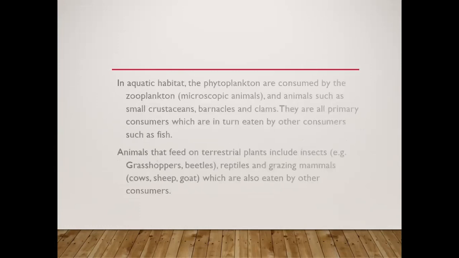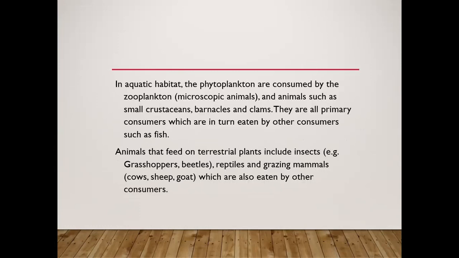Now, in aquatic habitats, the phytoplankton are consumed. This is an example, please. I want to give you examples on both aquatic and terrestrial habitats. In aquatic habitats, we have organisms called phytoplankton. Those are microscopic plants, so they are consumed by zooplankton. These are microscopic animals.